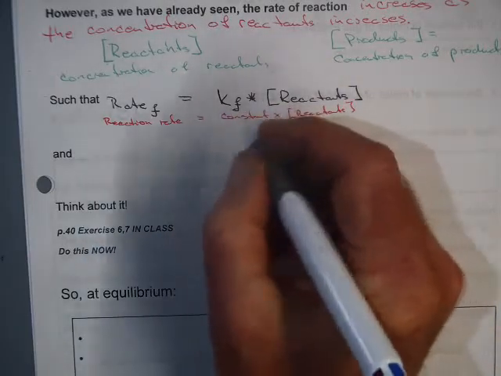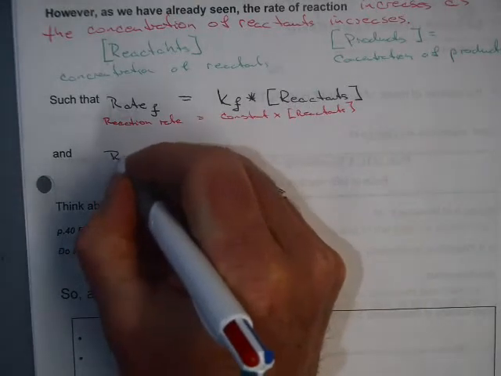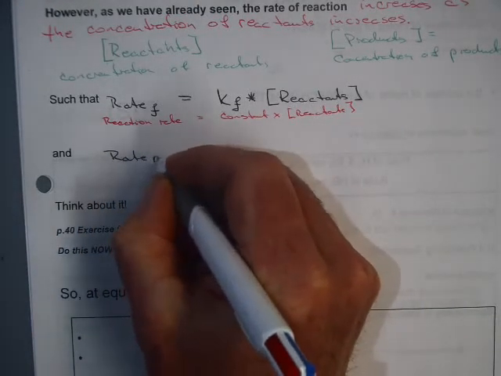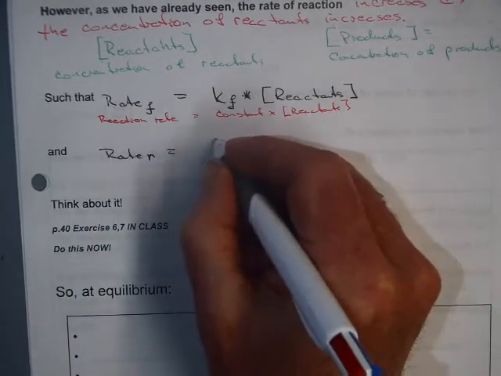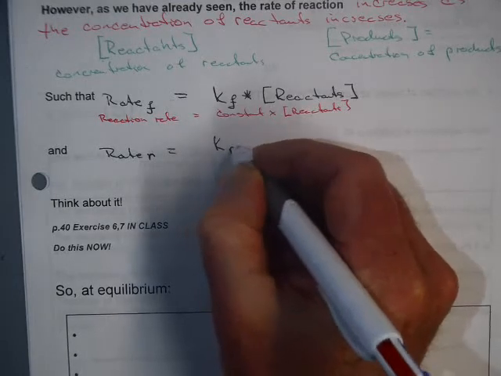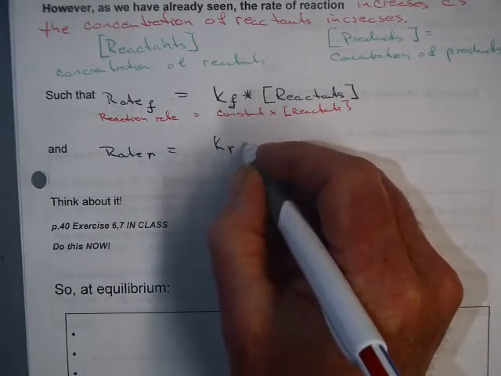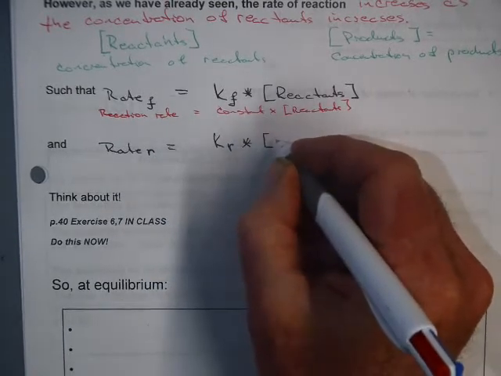And the reverse is true too, such that the reverse rate is equal to another constant, a different constant, times the concentration of the products.